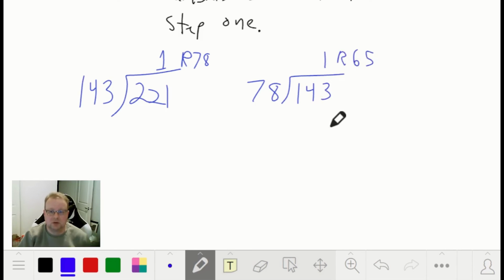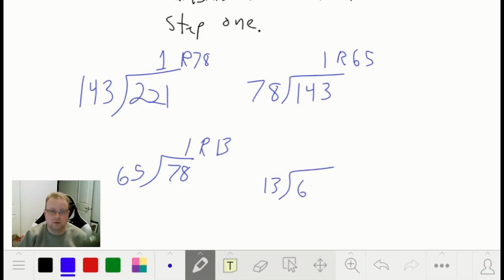Gives us a new remainder of 65. Divisor divided by remainder goes in once, remainder 13. And then divisor divided by remainder goes in 5 times, remainder 0. And when our remainder is 0, our divisor is the GCF.